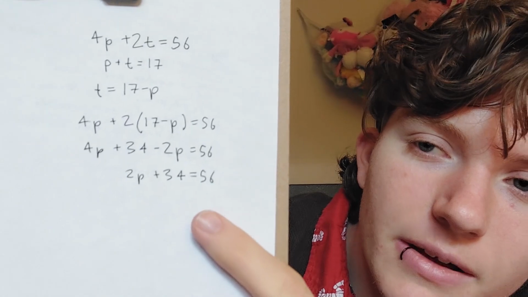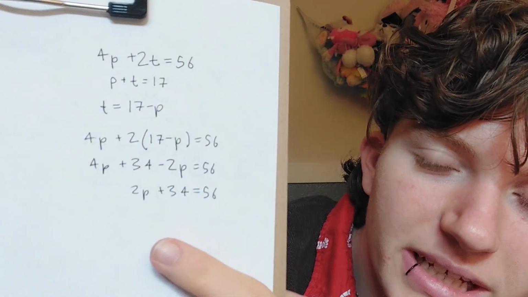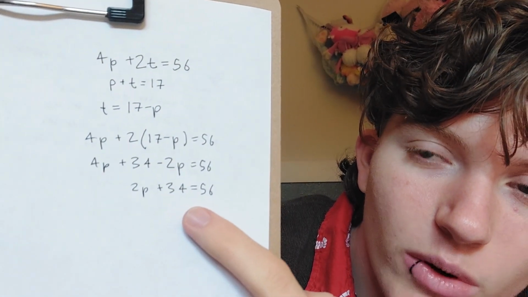So I just subtracted the 2p from the 4p. Then by subtracting 34 from both sides, we get 2p equals 22. Divide that by 2, p equals 11.